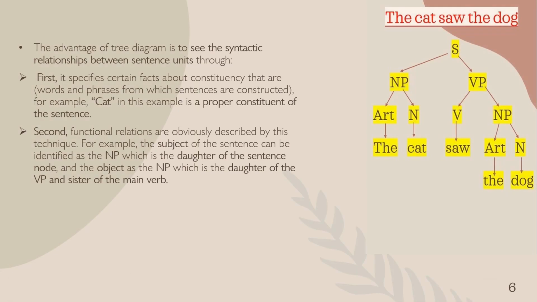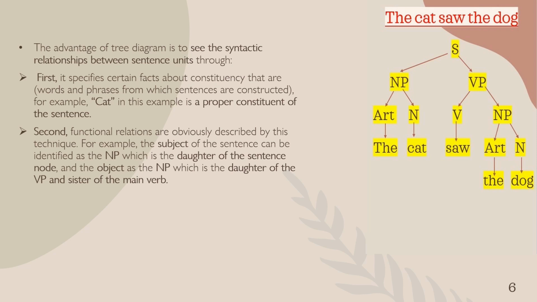The advantage of the tree diagram is to see the syntactic relationships between sentence units. First, it specifies certain facts about constituency, that is, the words and phrases from which sentences are constructed. For example, "cat" in this example is a proper constituent of the sentence.